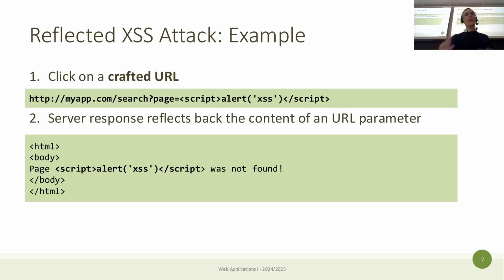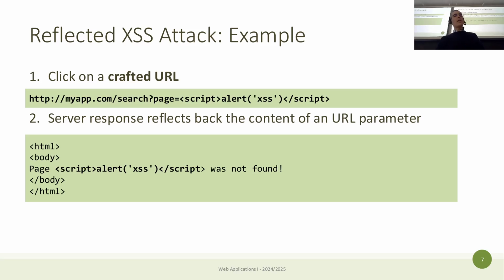Okay, that's a typical situation where people click without thinking too much, and the server, for some reason, because it was programmed thinking that only good input was passed to the server itself, just takes the parameters, typically the parameter part of the URL, and uses it to construct what is sent back to the browser.